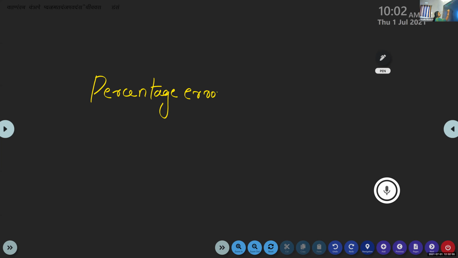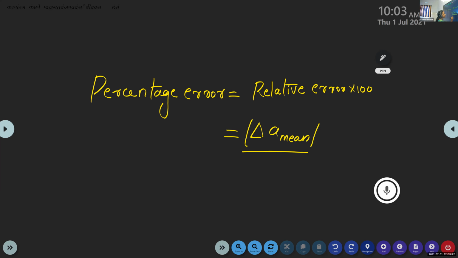By the term percentage error, we mean that it is the relative error expressed in terms of percentage. That is relative error into 100. Relative error into 100, that is our percentage error. And we can calculate the relative error as modulus of delta A mean divided by A mean, into 100.